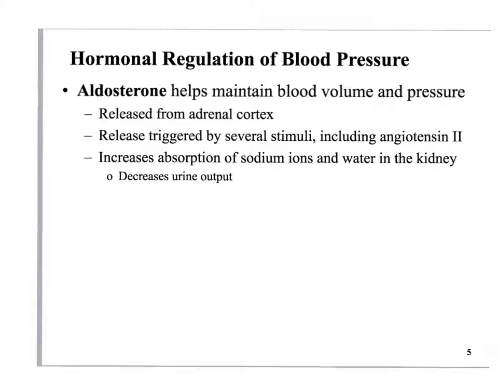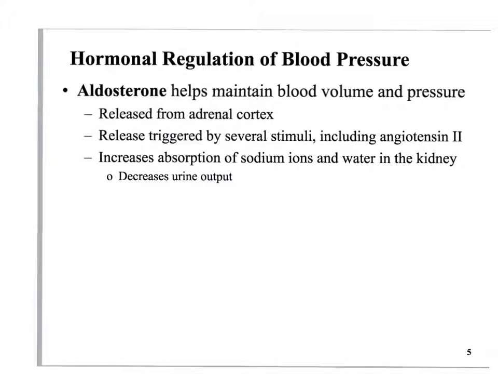Aldosterone helps maintain blood volume and pressure. Aldosterone comes from the adrenal cortex. Its release is triggered by several stimuli, including angiotensin 2. So angiotensin 2 does some of this on its own and then recruits a couple of other helpers, ADH and aldosterone.